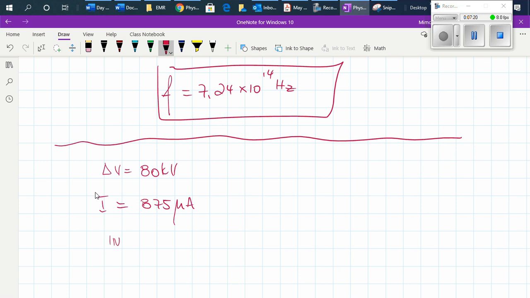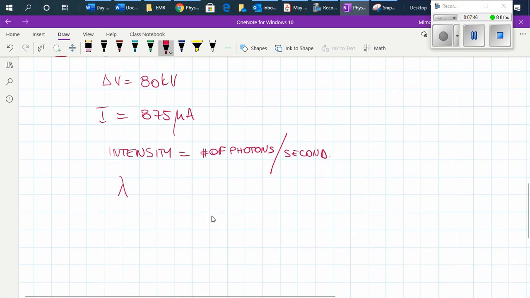So intensity of X-ray is the number of photons per unit of time. And what is the minimum wavelength? Because maximum frequency will produce a minimum wavelength produced by this cathode ray tube.